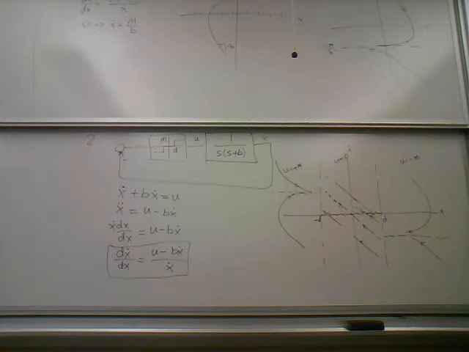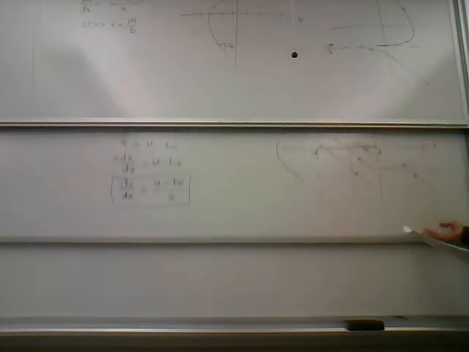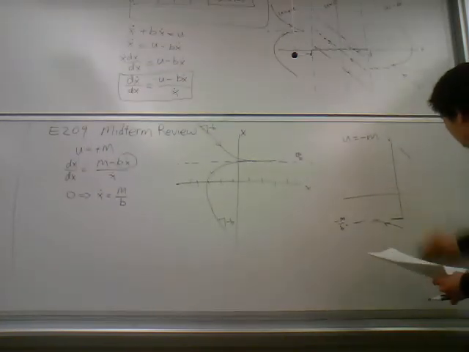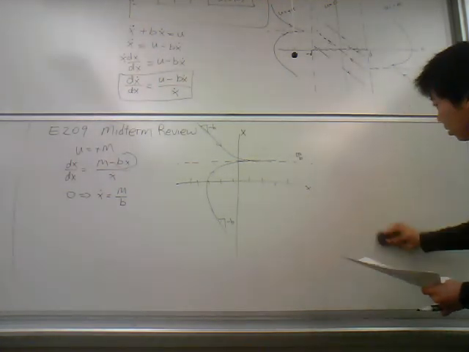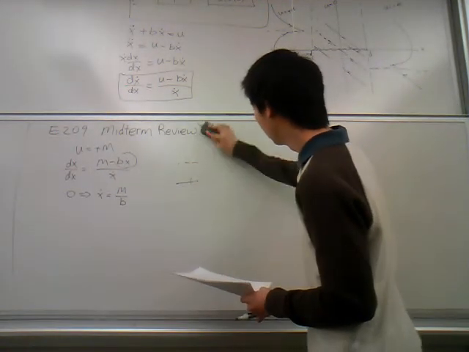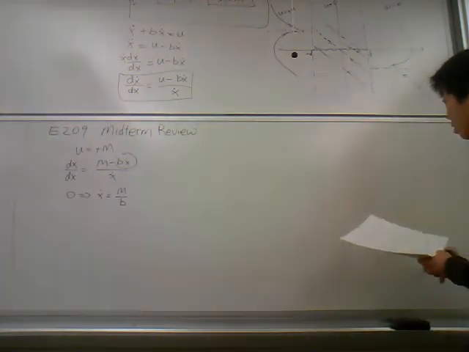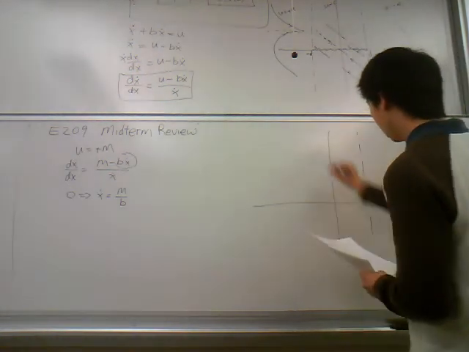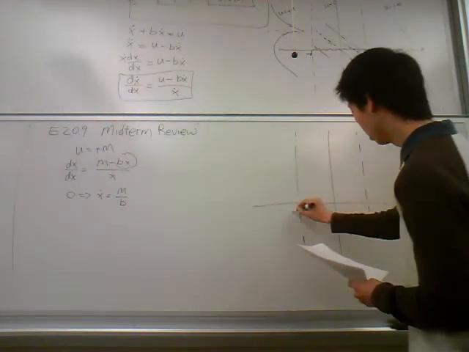Part D says, let's put in some numbers, and we're going to have b is 1, m is 1, d is 1. And what is the maximum number of control switches that can occur before the system comes to rest? Sketch an example on your phase portrait. So we got 1 here.